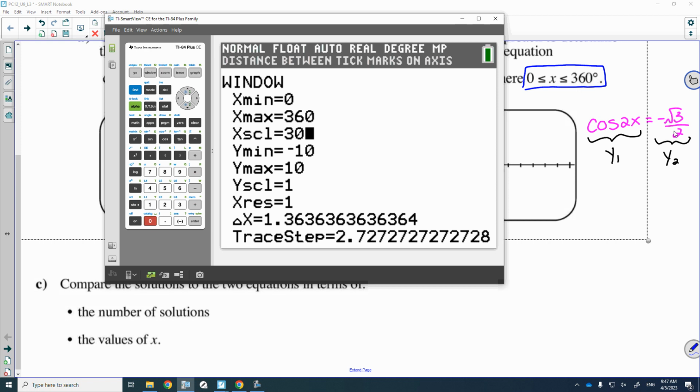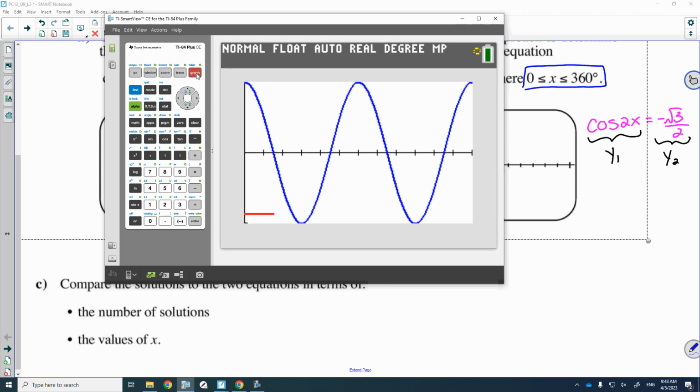So remember, our cos graph goes up to 1, down to negative 1, right? So let's change my y min to be negative 1 and my y max to be 1. Okay, so here's my picture here.